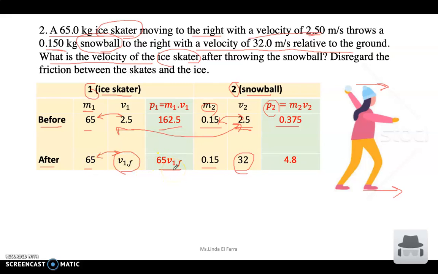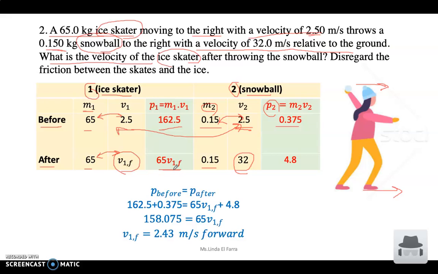Now, what is the next step after we fill out this table? Yes, we now have to apply the conservation of momentum, which is P initial, or P before, equals P after, or P final. You see this column in green, I only look at them because I care only about the momentum. So I'm adding the before momenta together, this and this.